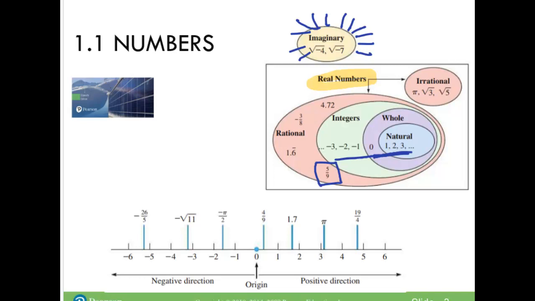Even 1.6 repeating, that's a rational number because 0.6 repeating is 2/3, and 1 2/3 is 5/3. So 5/3, 5 divided by 3, is a ratio of two integers. So anything that can be expressed as a ratio of two integers is rational.